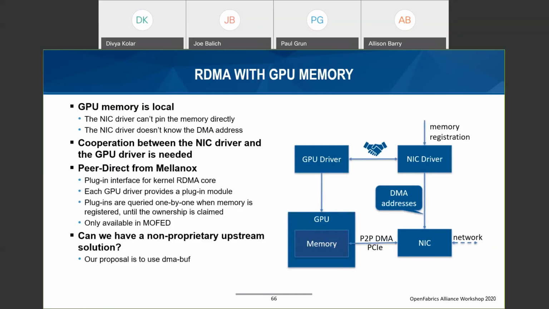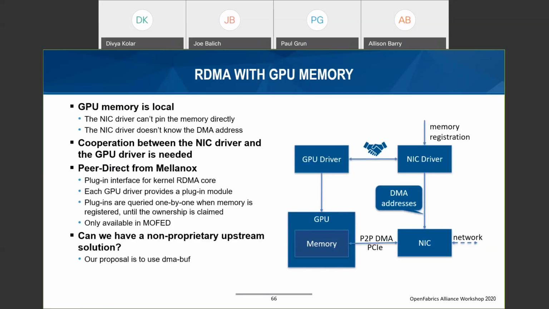In order to use the GPU memory in the RDMA operation, something needs to be done a little bit differently. One reason is that the GPU memory is local to the GPU, so the NIC driver cannot directly pin the GPU memory, and it doesn't know the DMA address of the GPU memory.